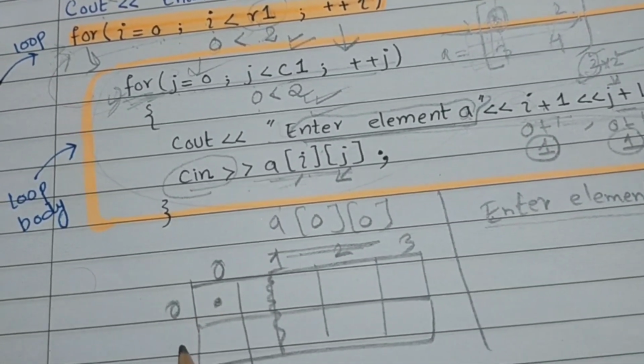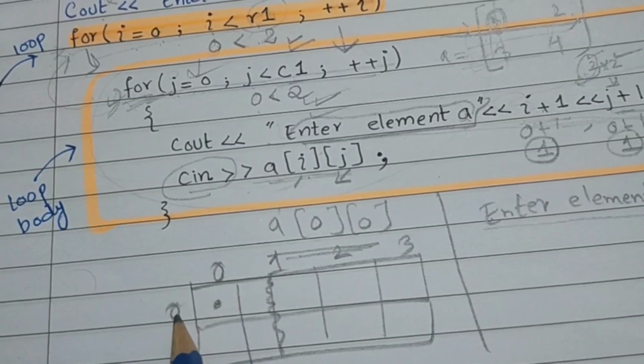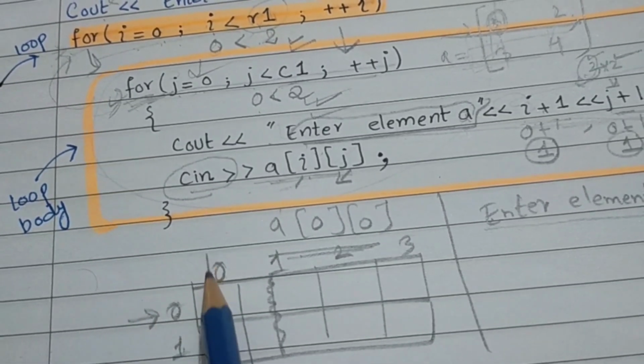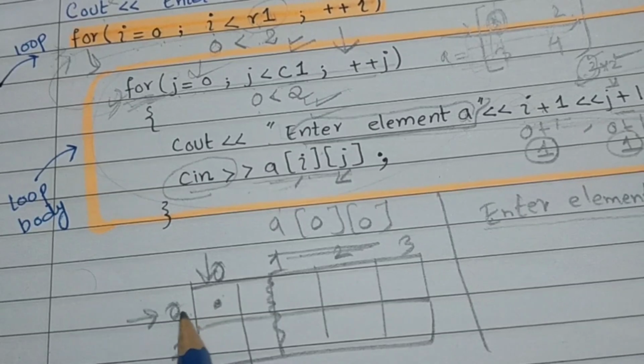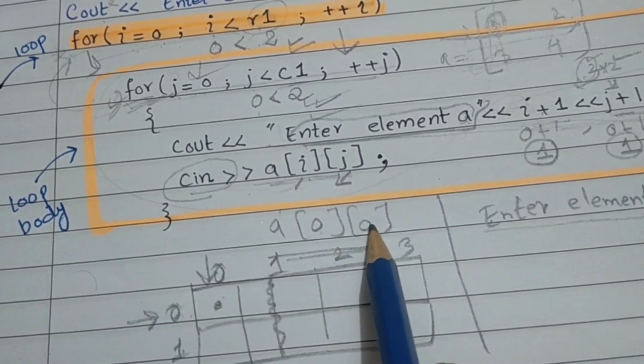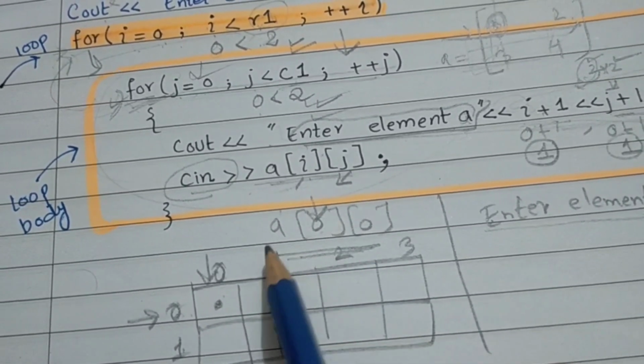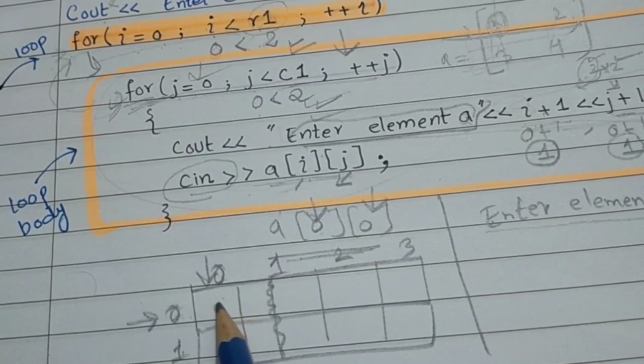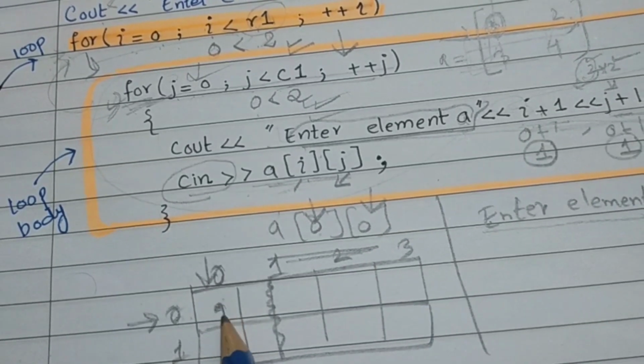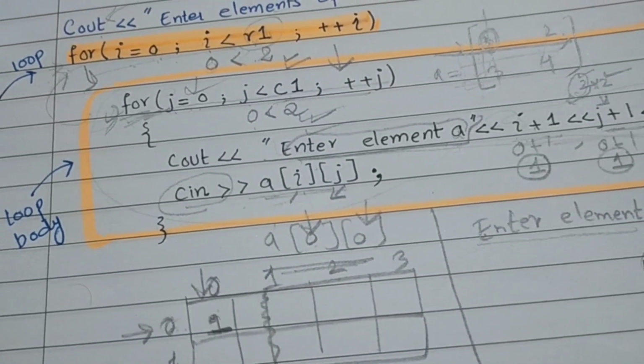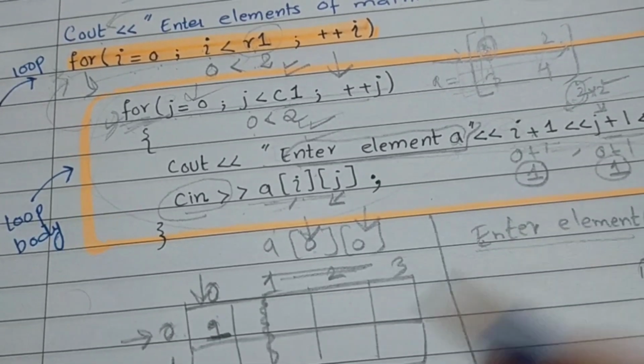This is 0 and this is 1, so this is the row and this is the column. The place is 0 comma 0, row 0 and column also 0. So the first digit will be stored here in the array. For example, 1 is stored.